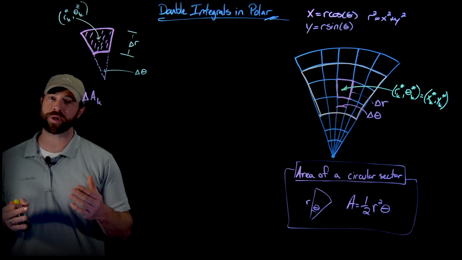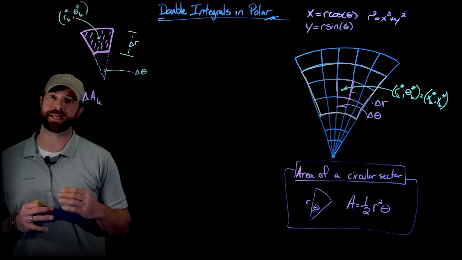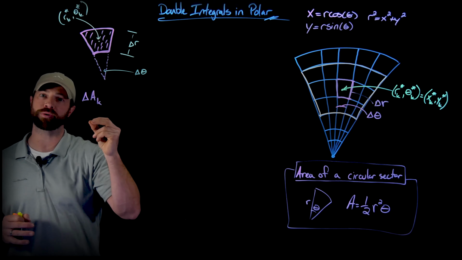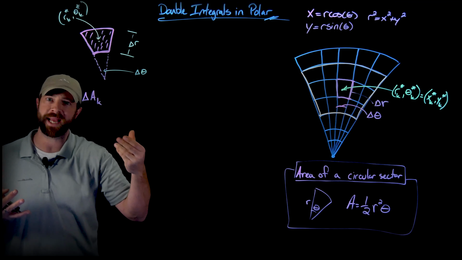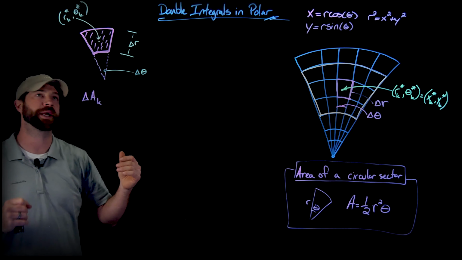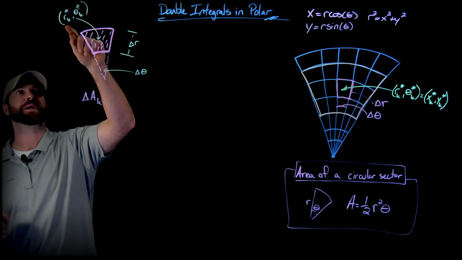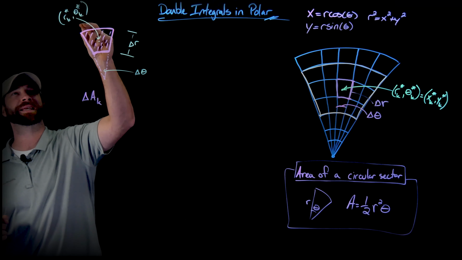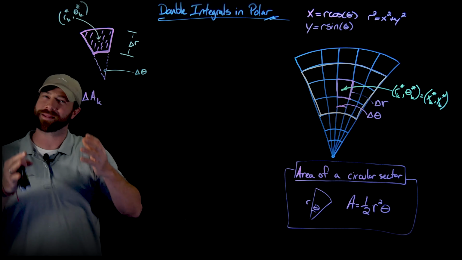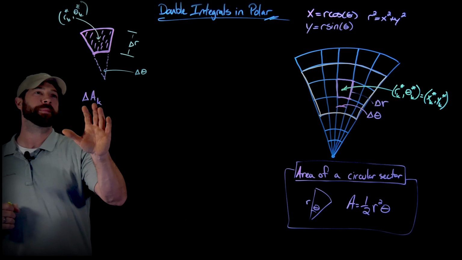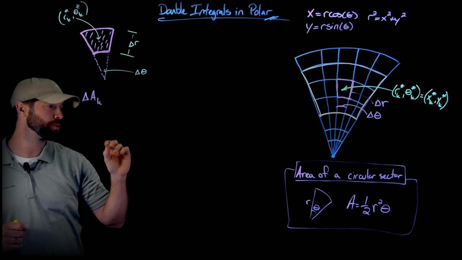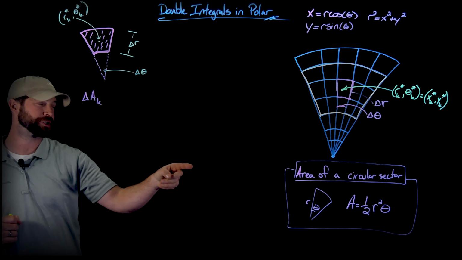All right, so the work that we have to do to convert from rectangular to polar is to first describe the area of the small polar rectangle. So we'll call this the kth polar rectangle in this division of this polar area that we're working with. Again, r sub k star and theta k star are just describing any point on that kth polar rectangle. In order to develop a formula for the area of that polar rectangle, we're going to use the area of a circular sector.